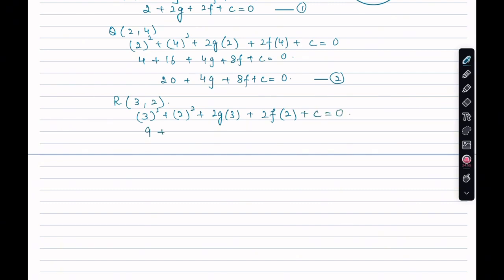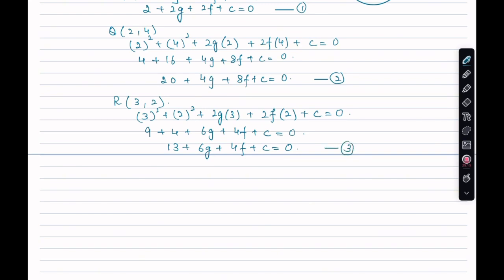Solving it, it's 9 plus 4 plus 6g plus 4f and plus c, that is equal to 0. Meaning this becomes 13 plus 6g plus 4f plus c, and that equals 0 here. So this becomes the third equation.